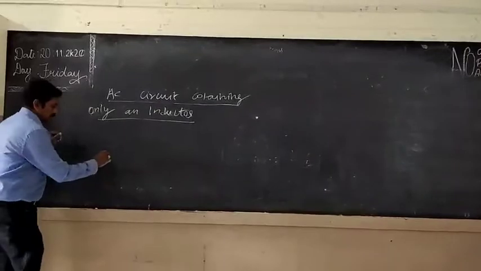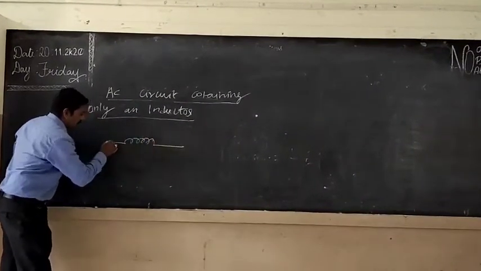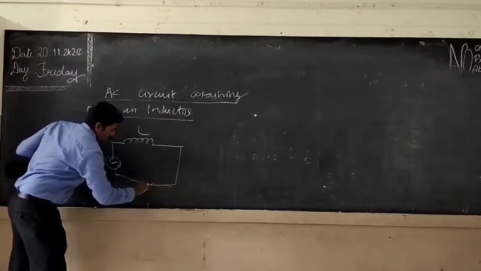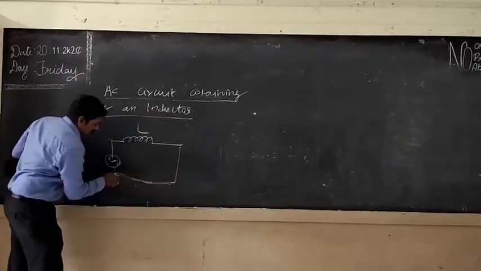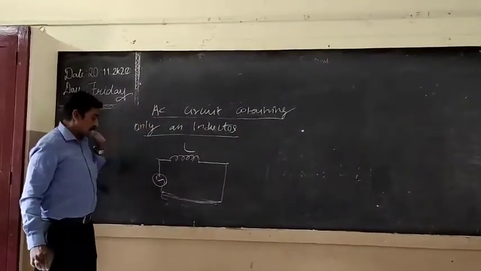Now the diagram. This is the diagram symbol for inductor and AC source. This is the simplest diagram for an AC circuit containing an inductor.